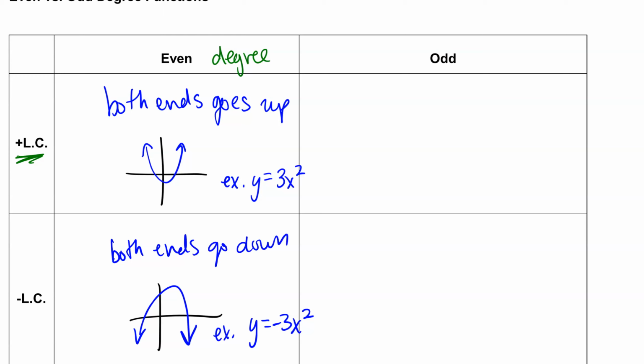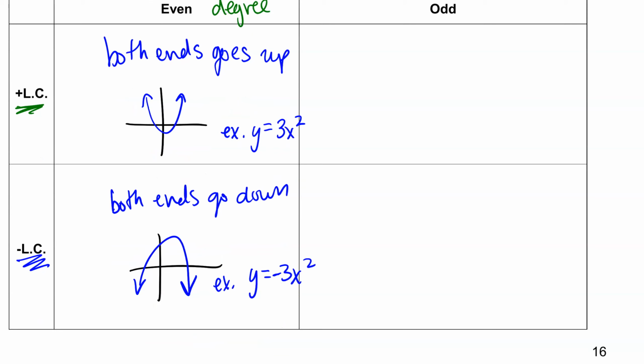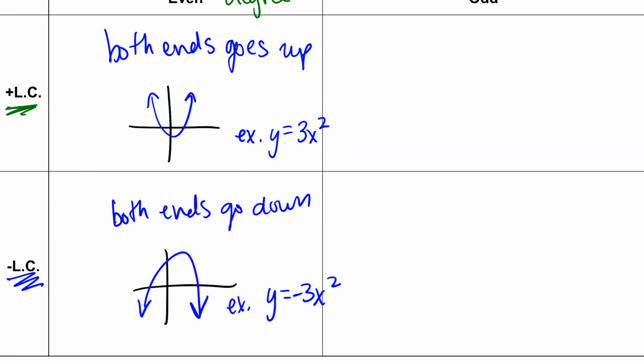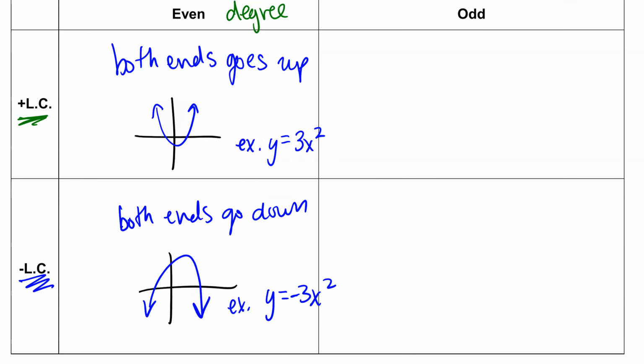I could switch it a little bit, maybe make this a 6, no, I'll leave it squared. So negative leading coefficient just means a negative in front of your variable. Okay. We ready for the next? Cool.